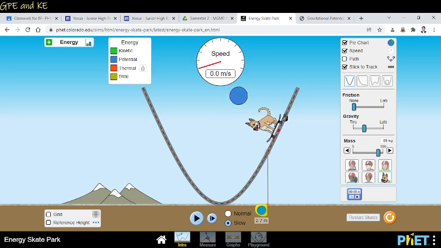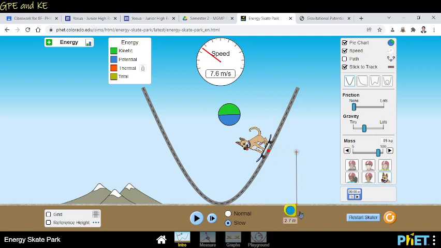Oops, it's too much. Ah, there you go. Exactly at the middle, the potential energy and the kinetic energy become half and half. Half is kinetic energy because it has speed but still not the top speed, and it still has half potential energy because the height is half of the highest point.